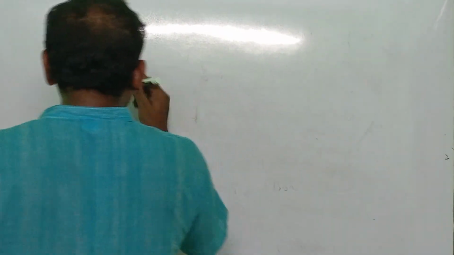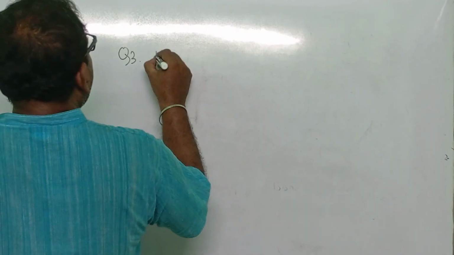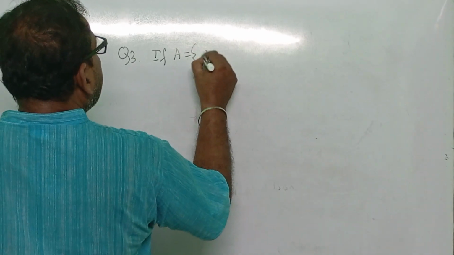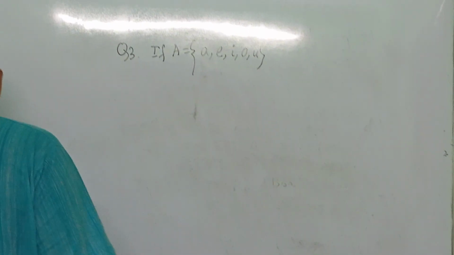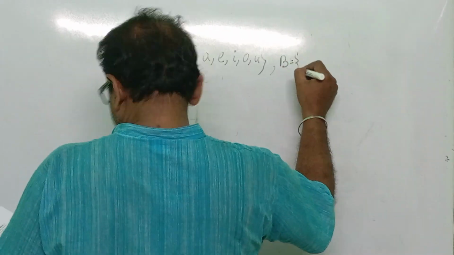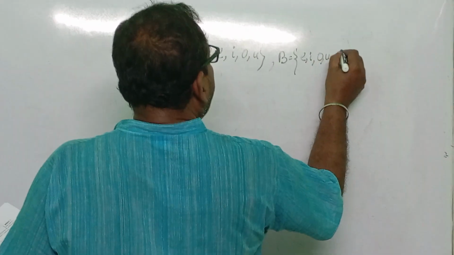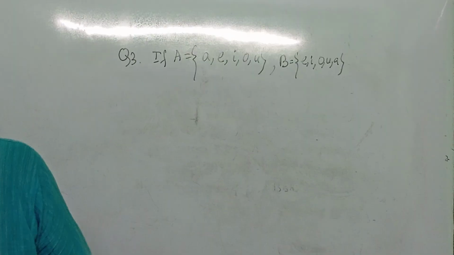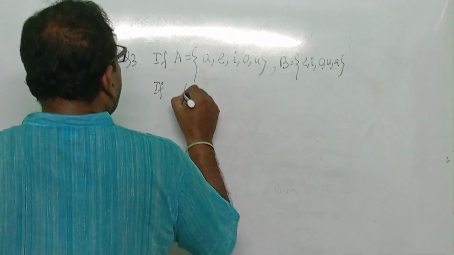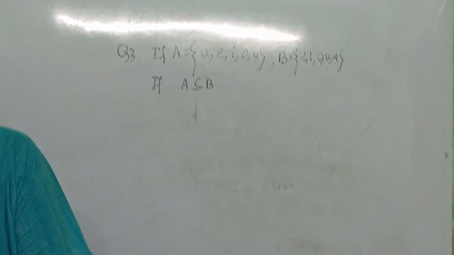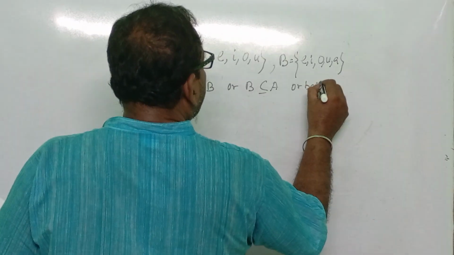Question number 3. If A is equal to A, E, I, O, U and B is equal to E, I, O, U, A. The question is: is A a subset of B, or B a subset of A, or both.